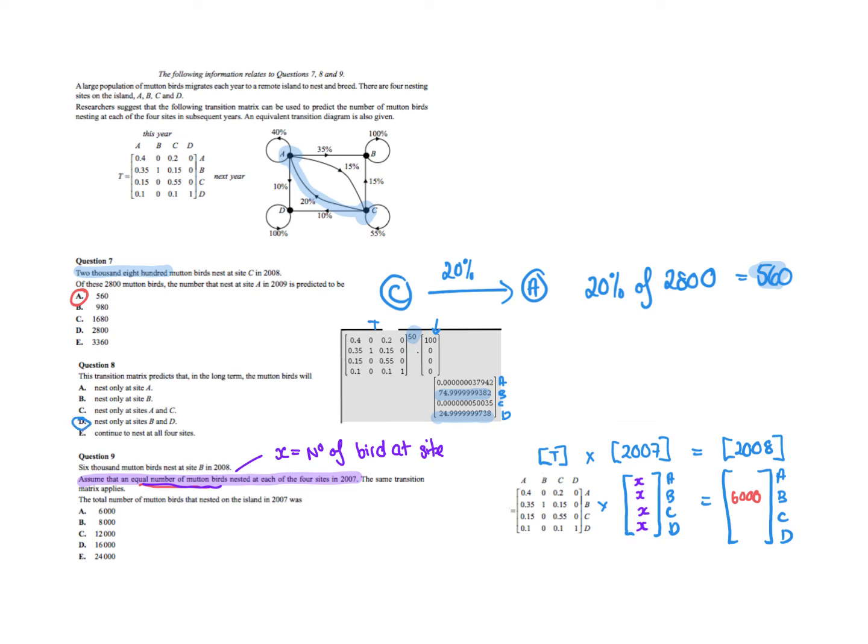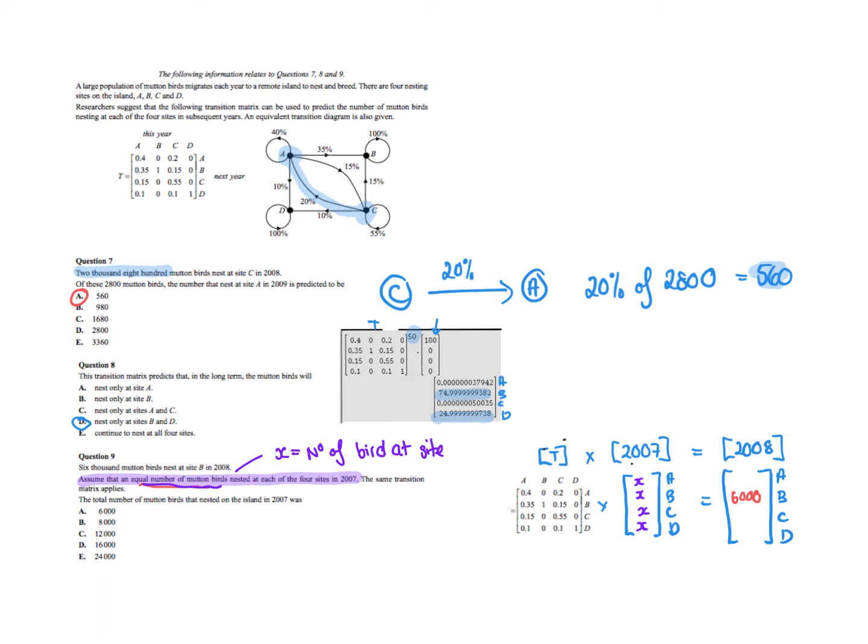Okay, now 6,000 mutton birds nest at site B in 2008. Assume equal number of birds nested at the 4 sites in 2007, and the same transition applies. The total number of mutton birds nested on the island in 2007. So the way we would find the state 2008 in general is we would do this transition times the year before, which is 2007.